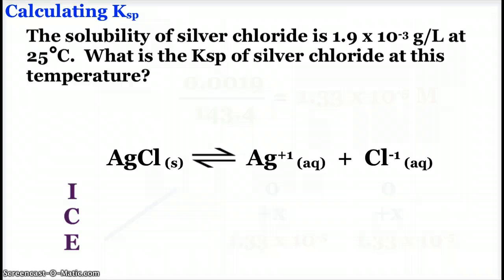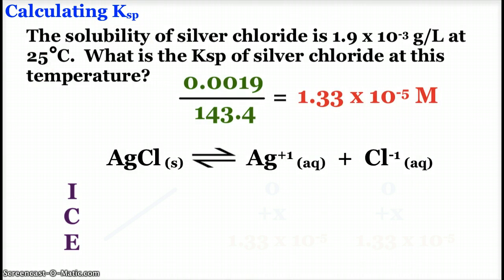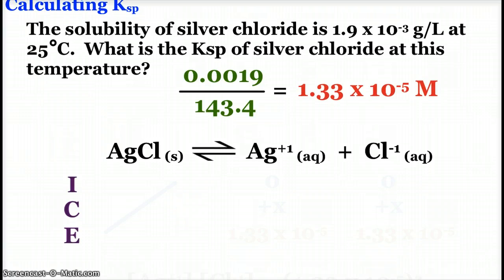And of course, we have our magical 25 degrees Celsius. So to change that to molarity, I just need to divide by the molar mass of silver chloride, 143.4. So now I have the molar solubility, and I can use that information in an ICE table.